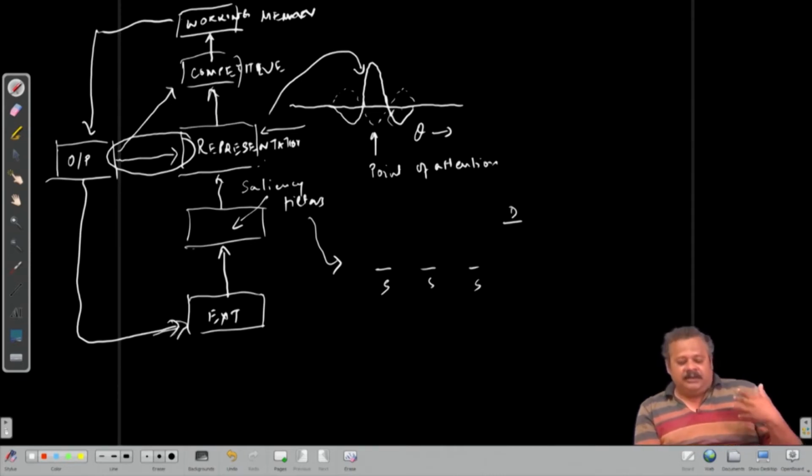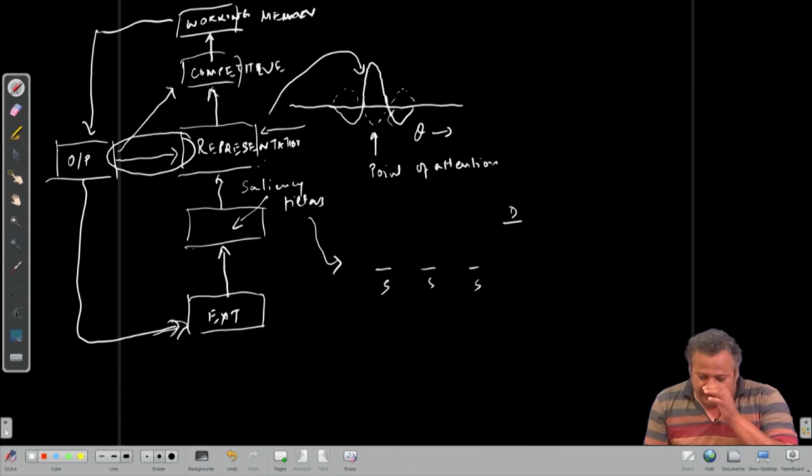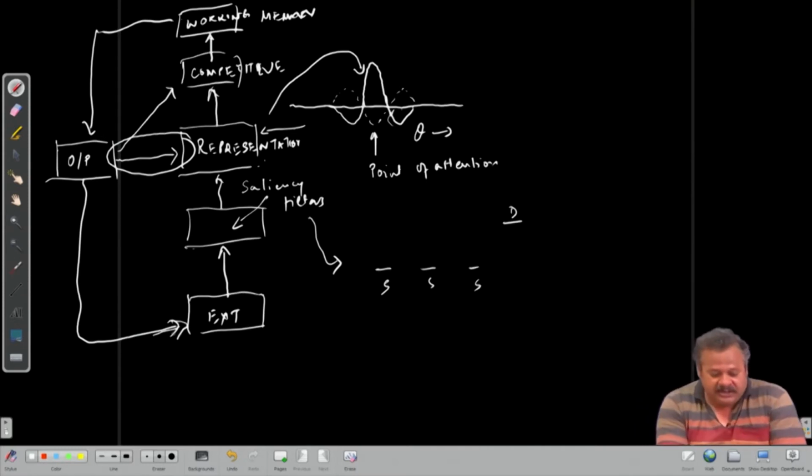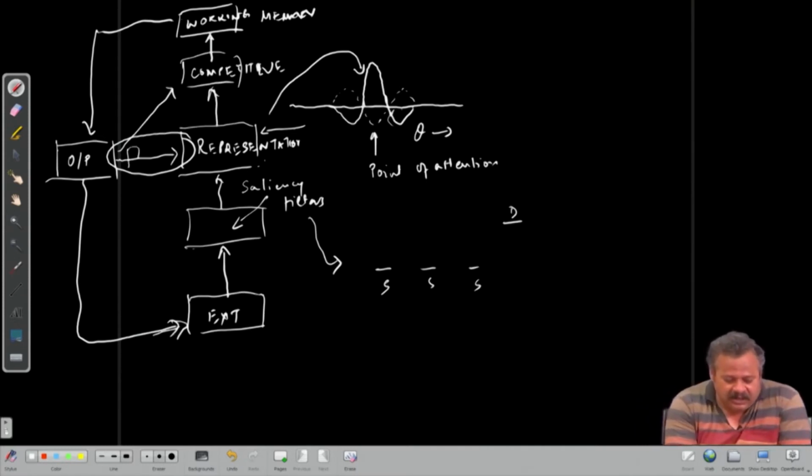But similarly, on the same lines, you also have some sensitivity control of the stimulus itself or the representation itself. That is the representation control.